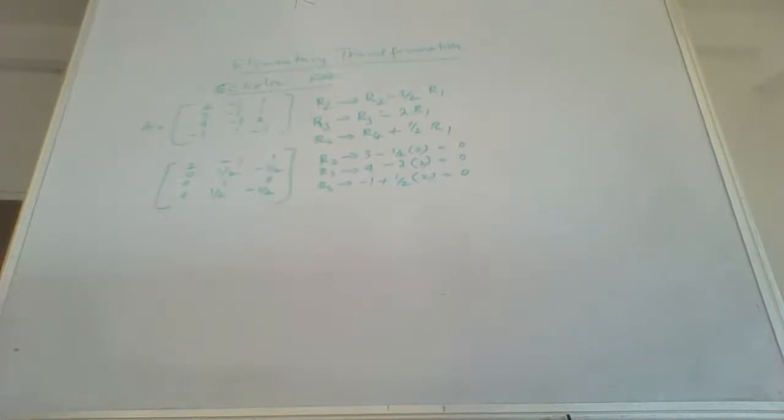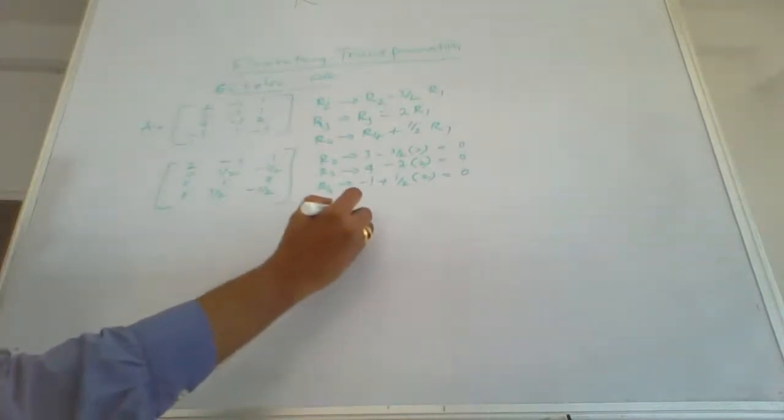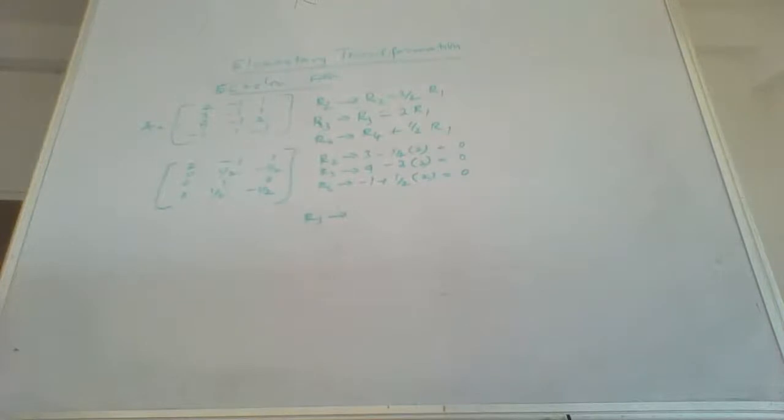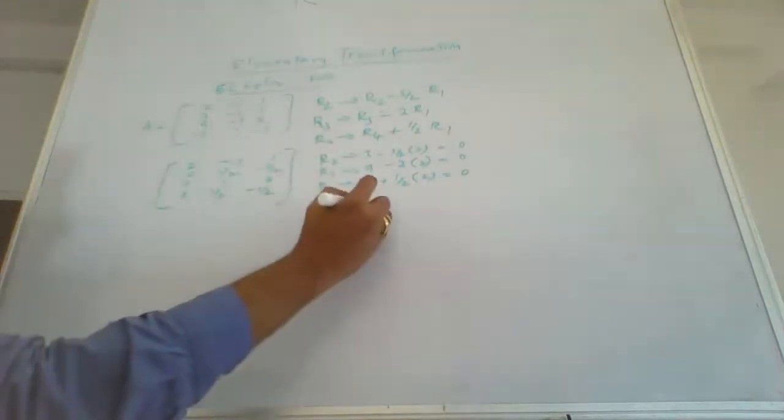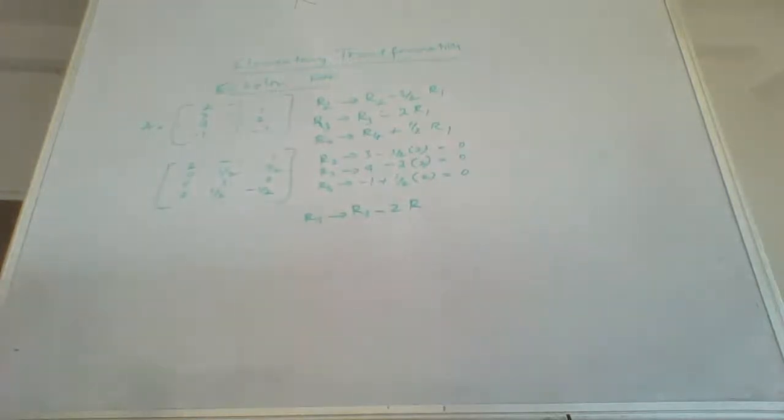Still, I have not formed an echelon form. So further, we have to do the row operations. Let me do the next operation. Let me consider R3: R3 minus 2 times R2.